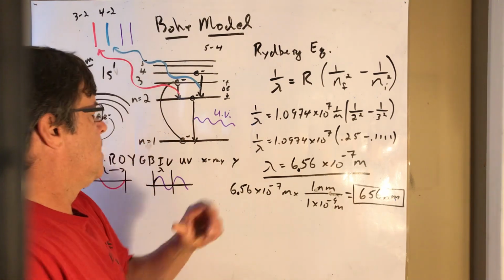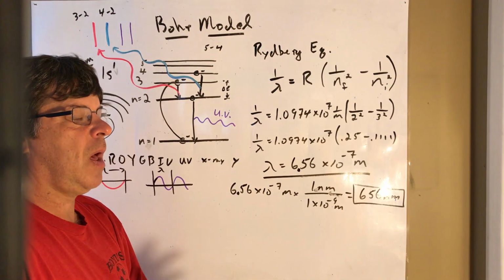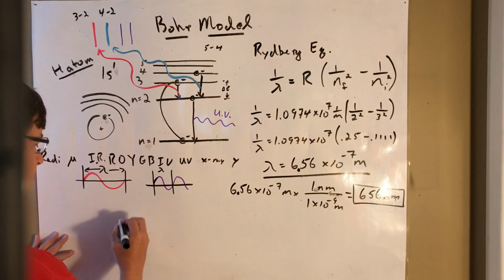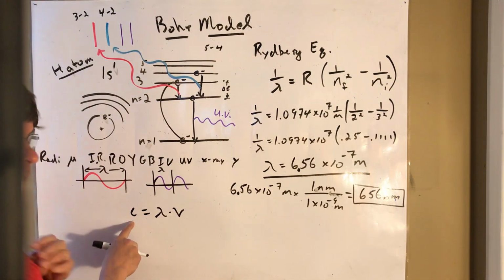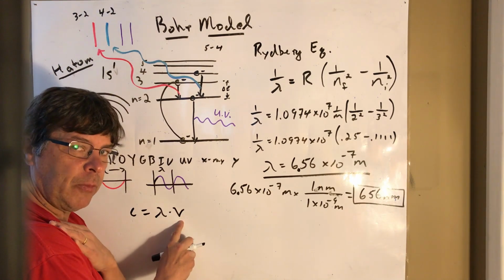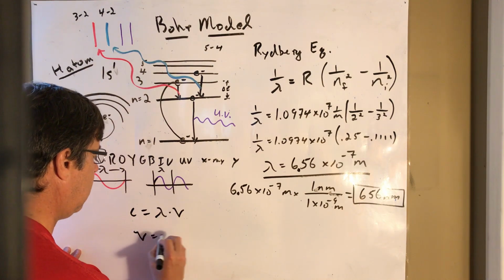All right. So let's then also introduce how to find the frequency of this emission line. Hopefully you remember c equals wavelength times frequency. c is the speed of light, wavelength, and we use this Greek letter nu for frequency. So we're going to determine the frequency of this light.